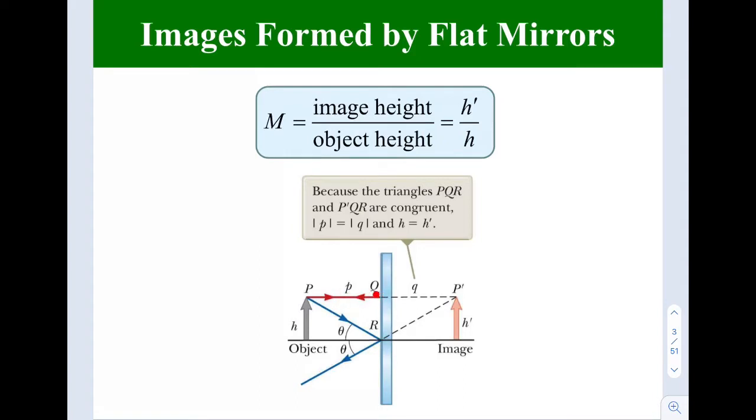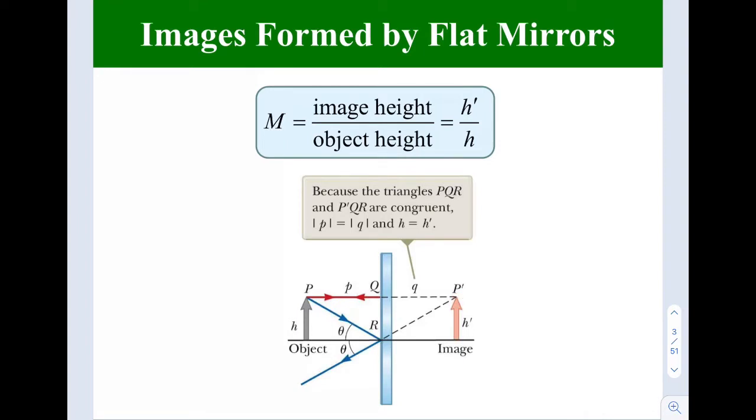The second ray is from the top of the object, projected onto the center of the mirror and then reflected back. For this one, the angle of incidence must equal the angle of the reflected ray. By combining the extrapolated line from the first ray and the second ray, where they meet here is the top of your image.